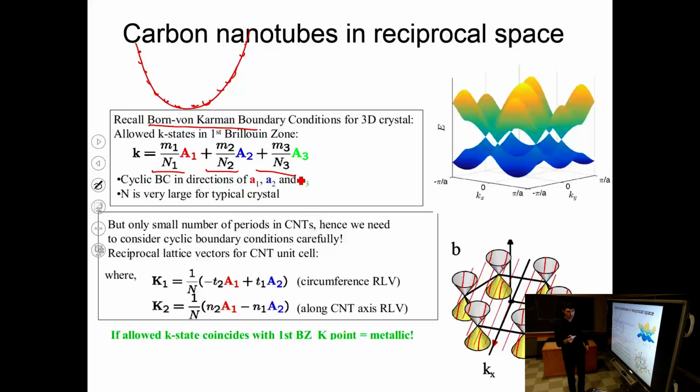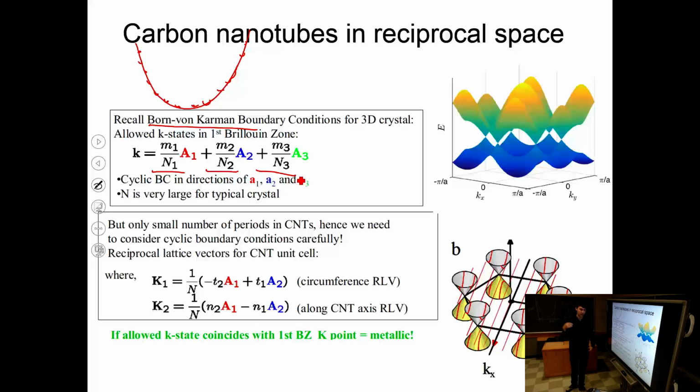In the case of graphene and carbon nanotubes, we have two things going on. We have travel along the circumference, and there we have a periodic boundary condition.